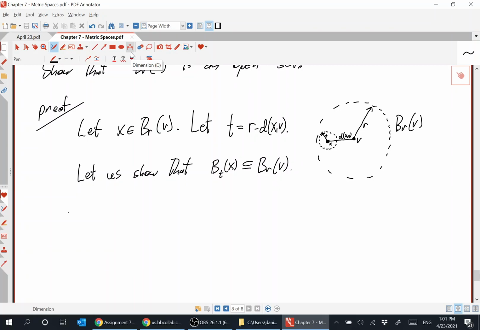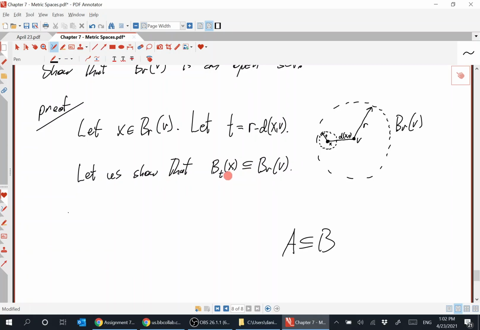Both conditions are true, or subsets of each other. Yeah, how do you show that A is a subset of B? On the exam we had to show that this set was a subset. We assume that X is an element of A, and then show that it is an element of B.